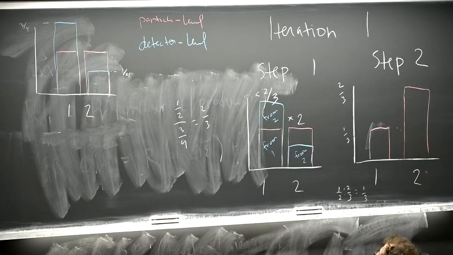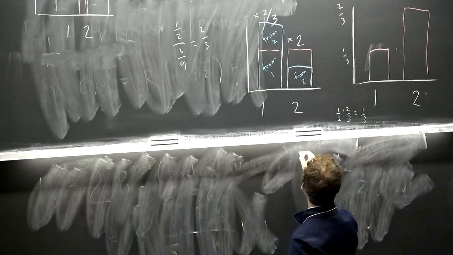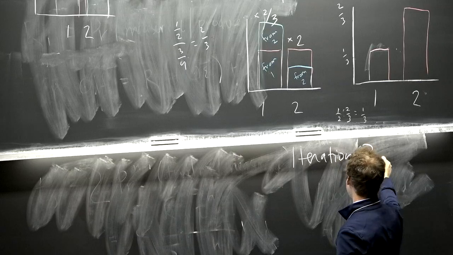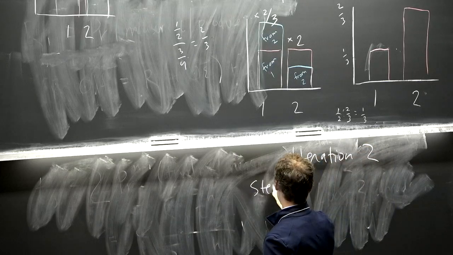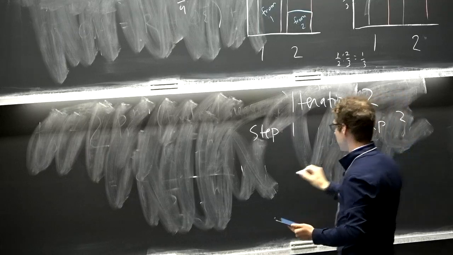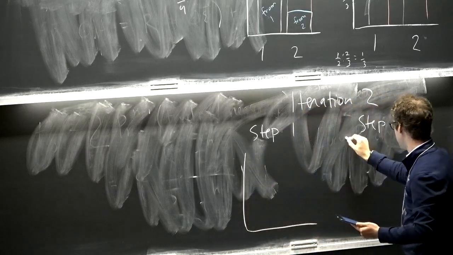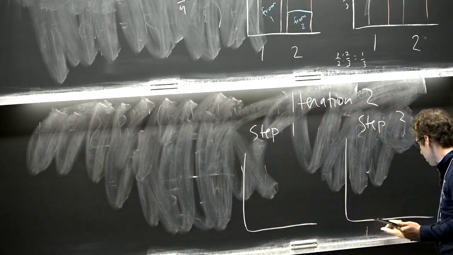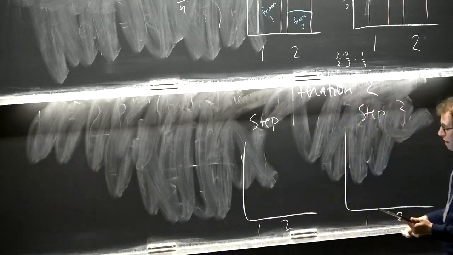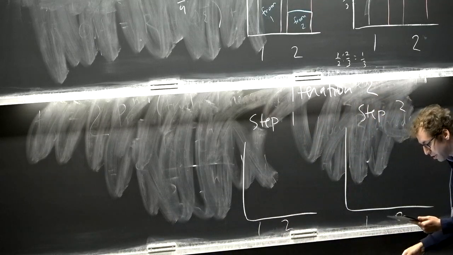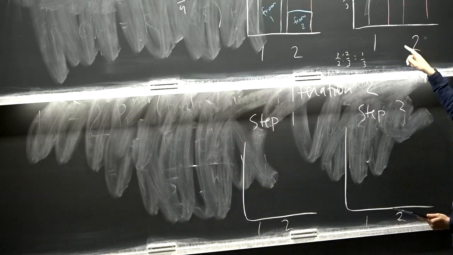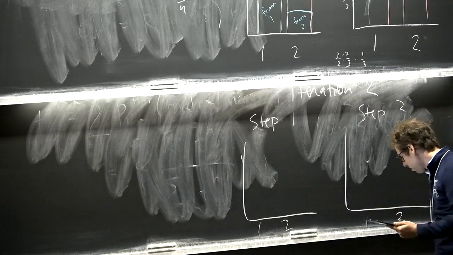So we'll do one more iteration, iteration 2. We're starting with this. So we have 1/3, 2/3.